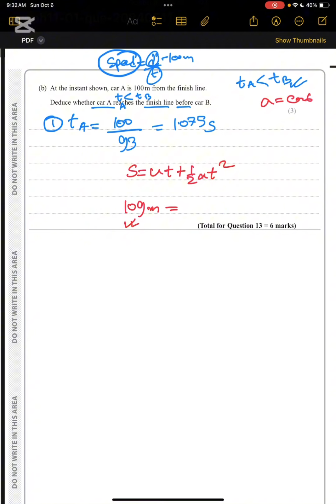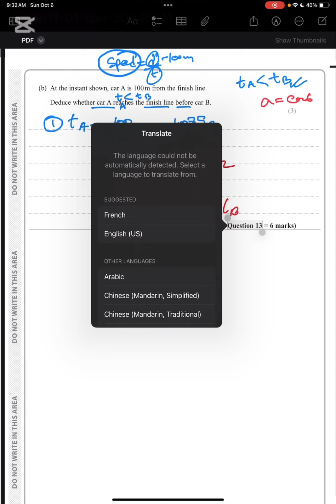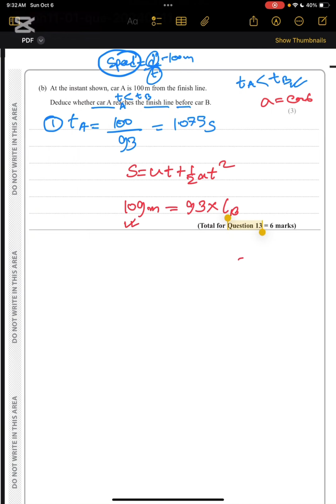We can write it down as 109 meter is equal to the initial velocity, 93, into time of B, plus half into the acceleration, 14, into time of B squared.